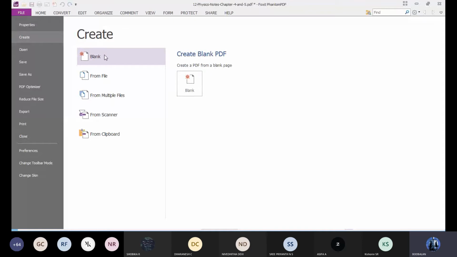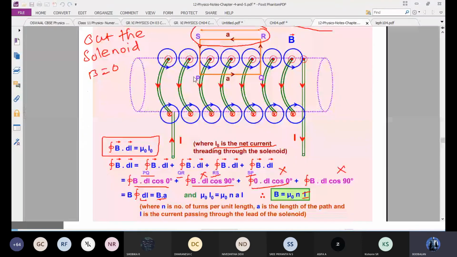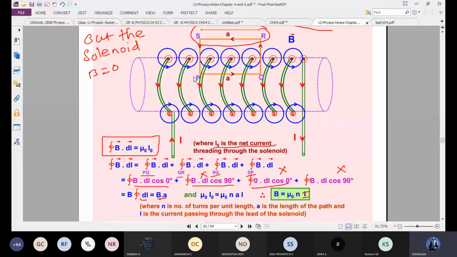Listen. Consider this is the solenoid. So now I will take one ampere loop.